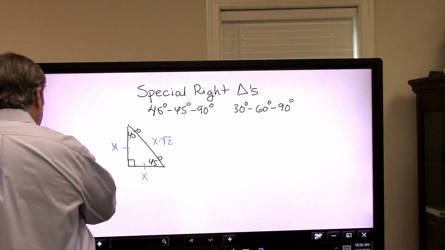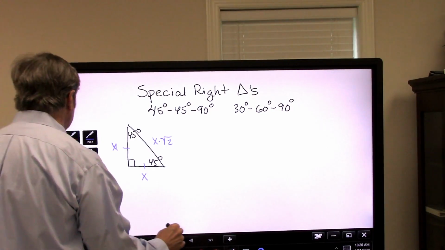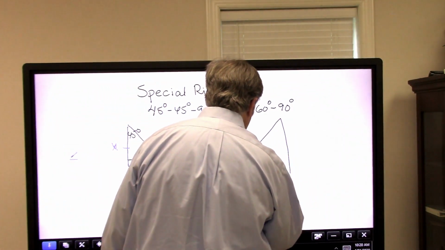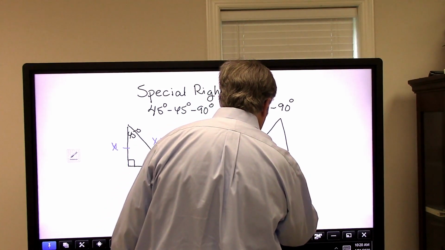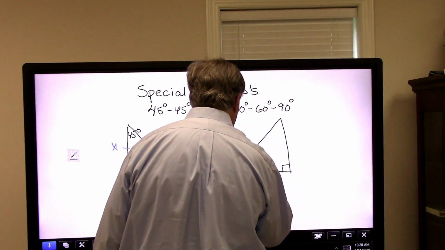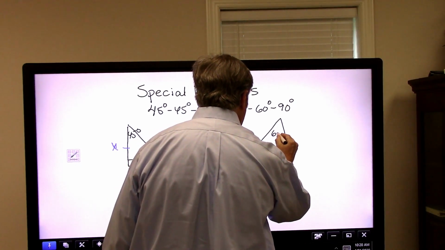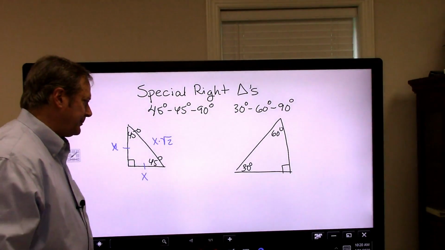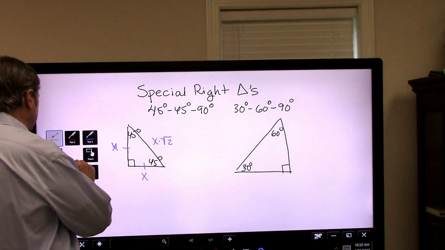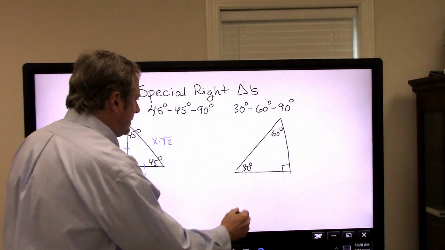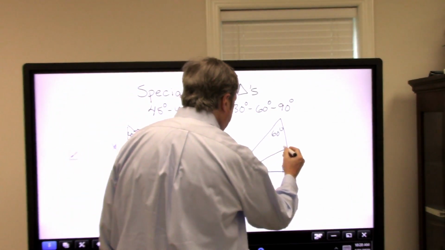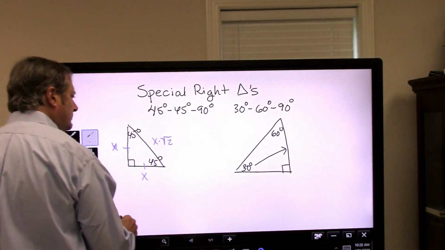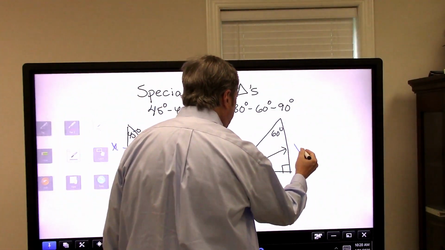Now, let's go over here to the 30, 60, 90. The 30, 60, 90 triangle looks this way. The side across from the 30-degree angle, that's the key side.